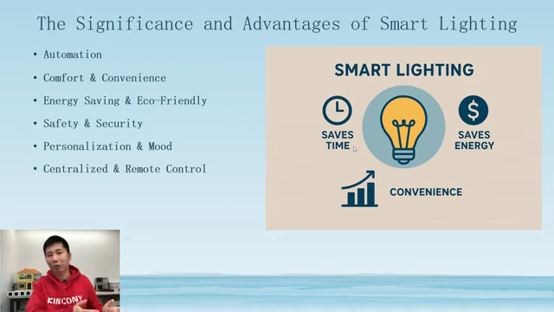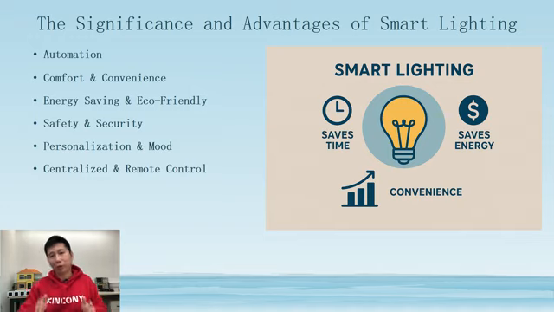If you go into a school, there are many classrooms, and every room has some lights. If you want to turn off or turn on all classroom lights, that will take much time. Maybe you will go to the first floor, second floor, and third floor, and go to every room and turn off the light, and turn on the light when all students arrive. So this will take much time.